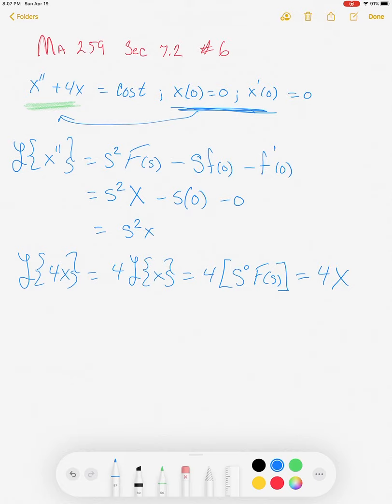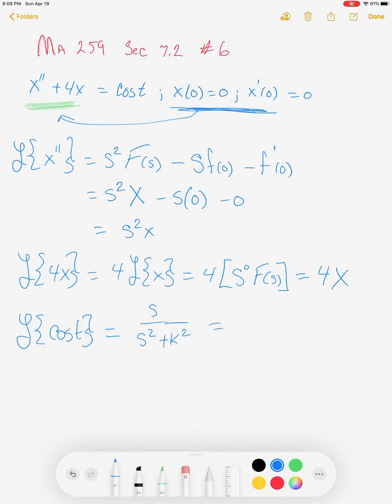So then the other side is the Laplace transform of cosine of t, and I have to look at my table to figure out what that is. That would be s over s squared plus k squared.